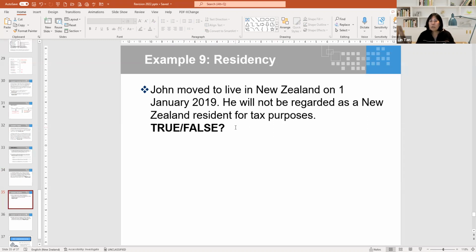So more or less, whether you say it is a true or false statement, this one really requires you to justify why you think he is not a New Zealand resident or why you think he is a New Zealand resident. So you have to apply the permanent place of abode rule as well as the more than 183-day rule, and briefly discuss them and come down with your conclusion as to whether you think this statement is a true or false statement.